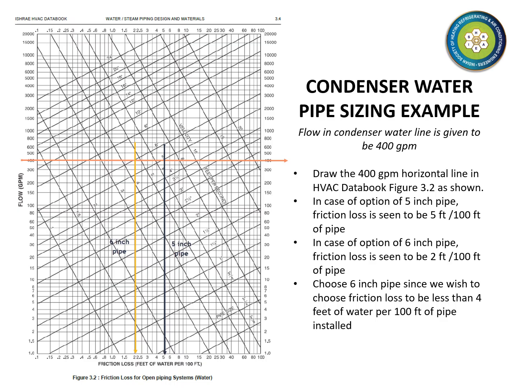We use figure 3.2, where it is seen that a 5-inch pipe is not suitable since it gives a friction drop of 5 feet of water per 100 feet of pipe. However, a 6-inch pipe is suitable since the friction drop will now be 2 feet of water per 100 feet of pipe, that is less than our limit of 4 feet of water per 100 feet of pipe.